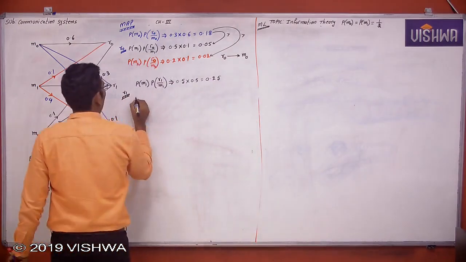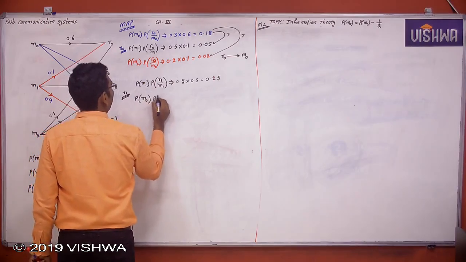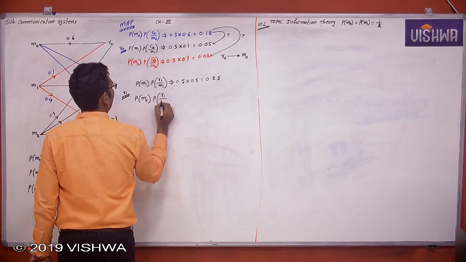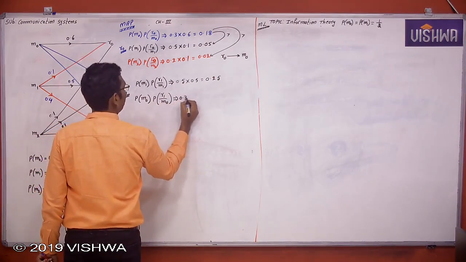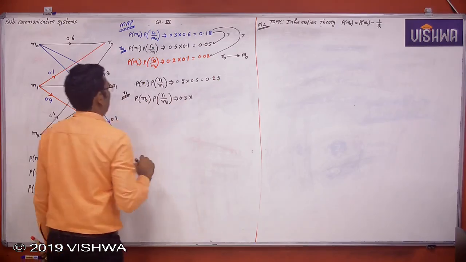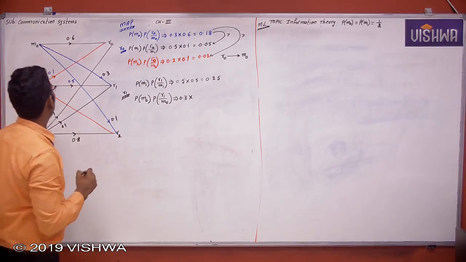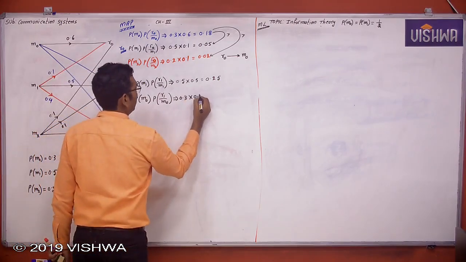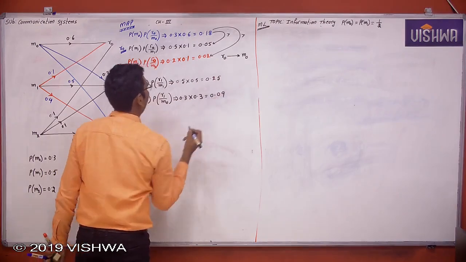Now P of M0 into P of R1 by M0 is 0.3 into 0.3, which is 0.09.